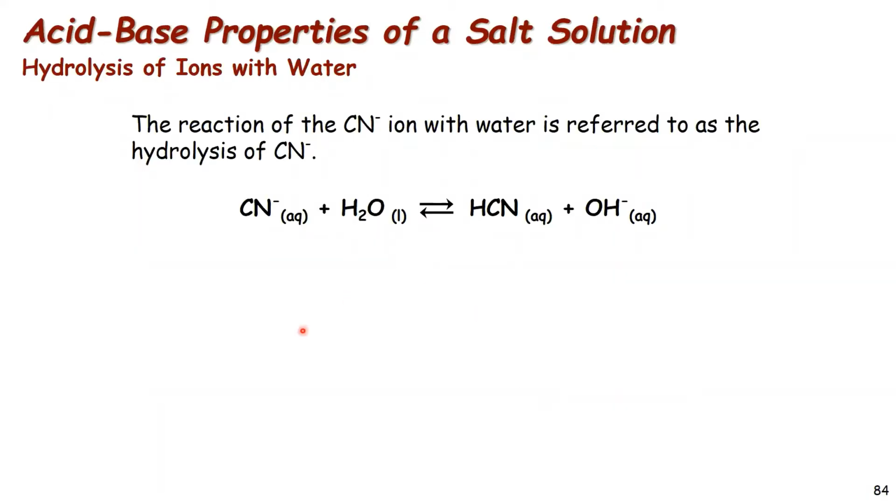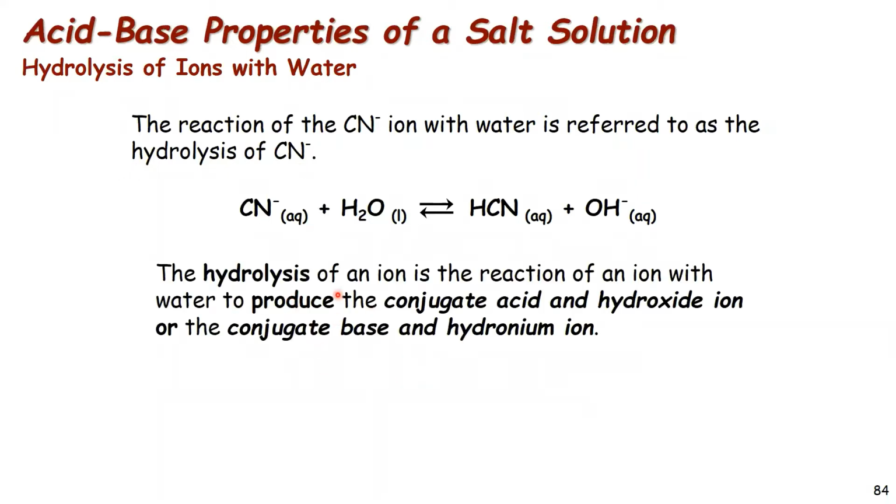So again, we see that the cyanide ion itself reacts with water to produce the hydrocyanic acid and the hydroxide ion. Again, we call this the hydrolysis of the cyanide ion. So hydrolysis of an ion is the reaction of the ion with water to produce the conjugate acid and the hydroxide ion, or it would be the conjugate base and the hydronium ion.